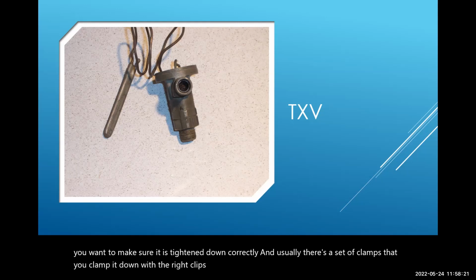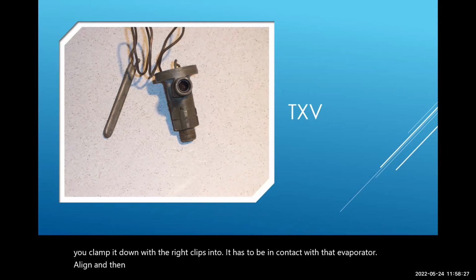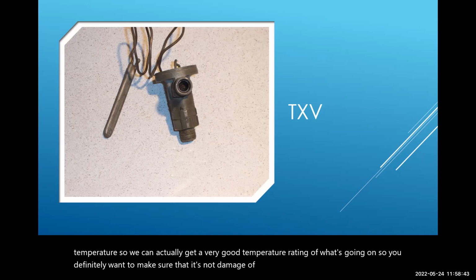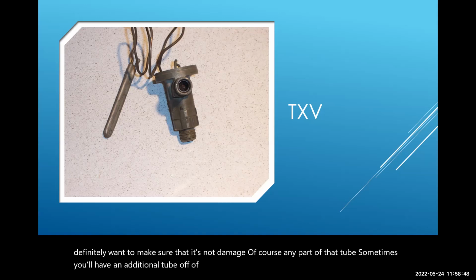It has to be in contact with that evaporator line, and then they usually have a wrapping going around it to isolate it from the inside temperature, so we can get a very good temperature reading of what's going on. So you definitely want to make sure that it's not damaged, of course, or any part of that tube. Sometimes you'll have an additional tube off of it too that just goes right into the evaporator itself.